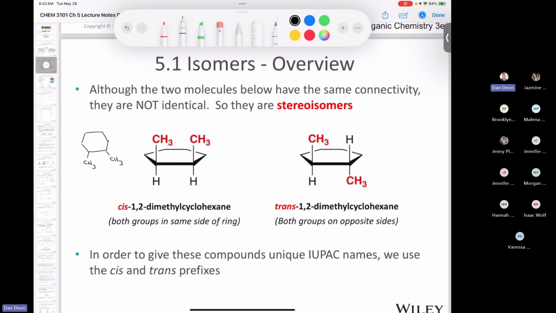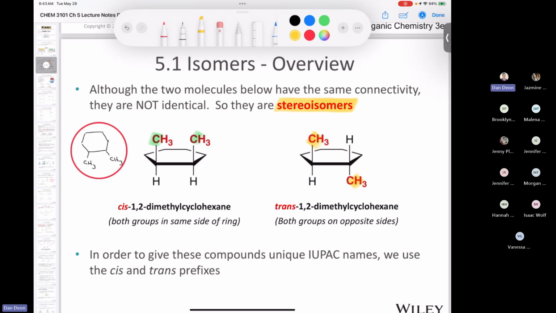Different arrangements of atoms in space. In the first one, the 2 methyl groups are on the same side of the ring, but in the other one, they're on opposite sides of the ring. So again, they both have this connectivity. The order of connection of the atoms is the same, but the arrangement of the atoms in space is different. And so we say that they are stereoisomers.